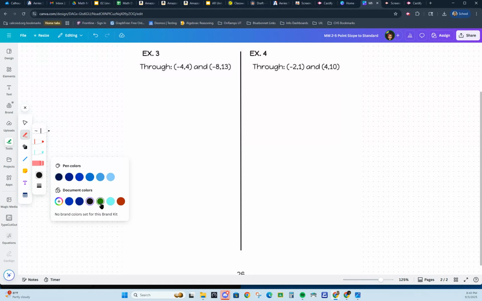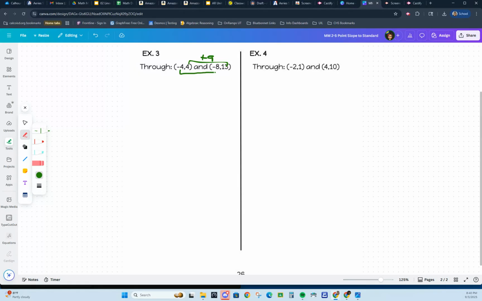Okay. So I'm going to start out with finding the slope. My change in y from 4 to 13, we are adding 9. From negative 4 to negative 8 on my x values, we are adding 4. So our slope is going to be, sorry, I take that back. We are not adding 4. We are subtracting 4.